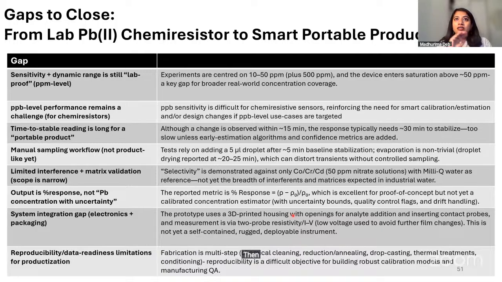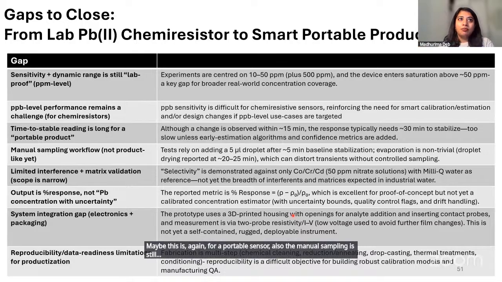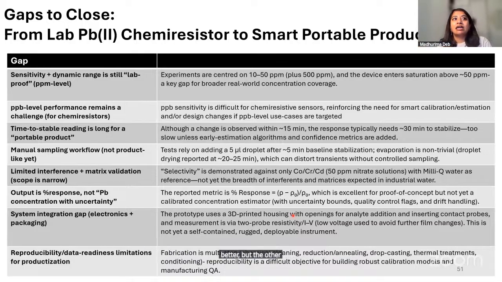Then there is the manual sampling. Maybe for a portable sensor also, manual sampling is still better. But the other problem is the manual sensor preparation, which is a point of problem because there are problems of reproducibility.